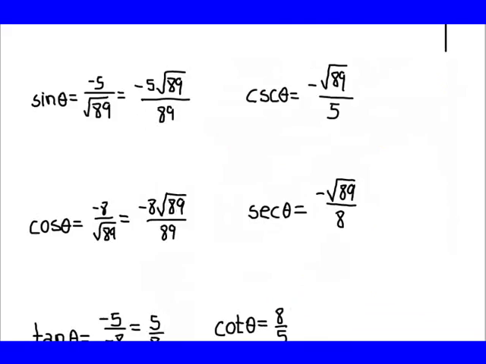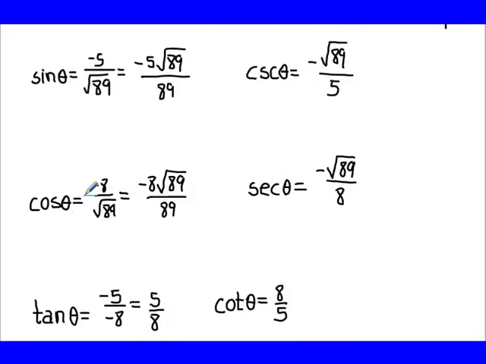So the cosine of that angle is negative 8 over the square root of 89, but then we write that in its rationalized form. So we get negative 8 times the square root of 89 over 89. Well, the secant is just the reciprocal of the cosine. So the reciprocal of the cosine is minus the square root of 89 over 8.